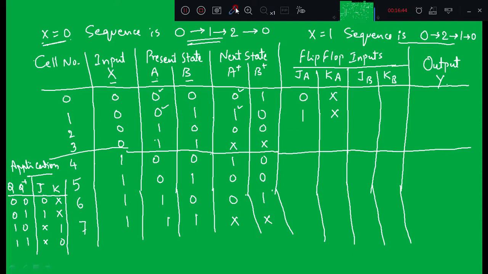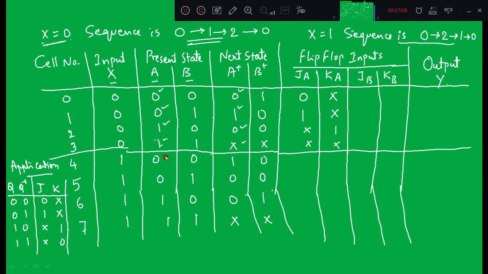Next, A is 1 and A plus is 0. For 1 0 it is don't care 1. Next, for 1 don't care, there is no input combination called 1 don't care, so we will put don't care for 1 don't care, right?